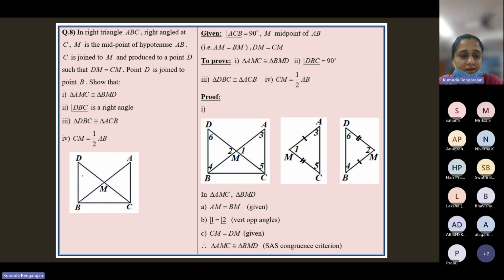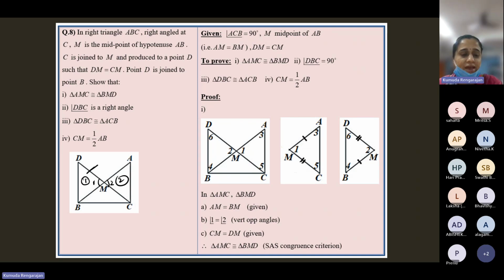Let me call this triangle 1 and triangle 2. In the first triangle, angle 1 is equal to angle 2 of the second triangle because vertically opposite angles are equal.